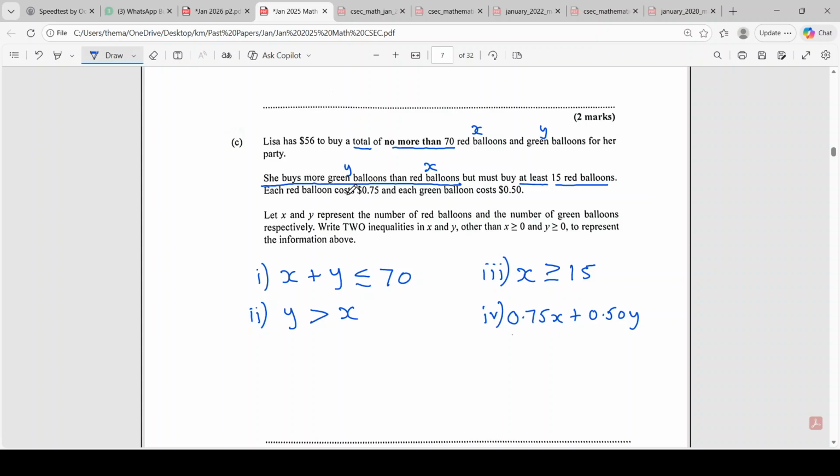So they say each red balloon costs 75 cents. So 75 cents by X plus 50 cents by a green balloon, 50 cents by Y. So this is how much money the balloons you could buy will cost, and we have $56 to spend. So that must be less than or equal to 56, right? So depending on how many balloons we buy, we could only spend $56 or less. Good.